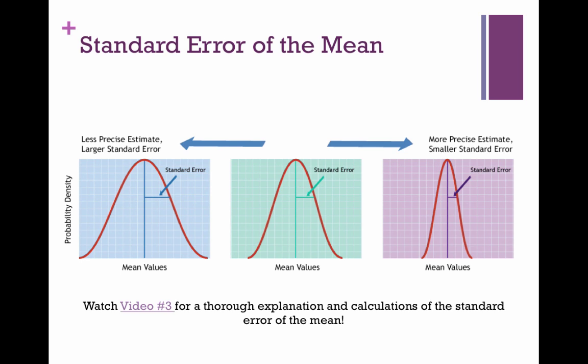We want to be more precise in our estimation of our sample to our population, so that the more our sample looks like our population and represents it, the more we know about what's going on among everybody, the entire population, not just within our own sample.